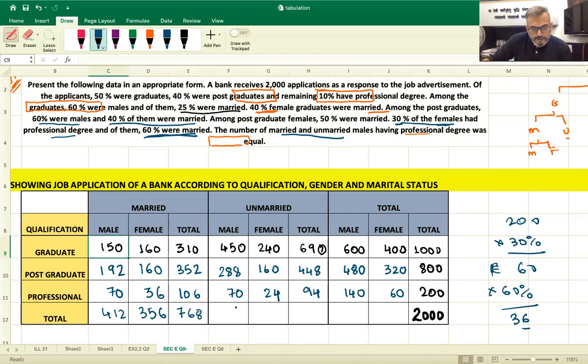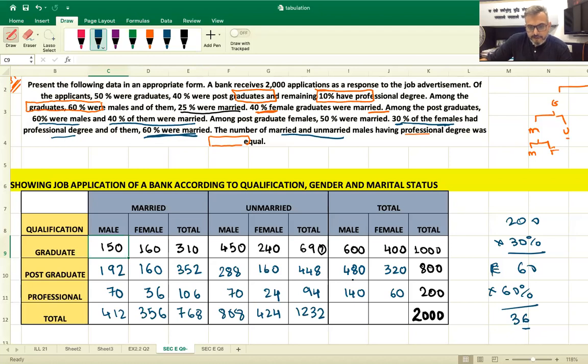Then over here 450 plus 288 plus 70, 808. Then 240, 160, 400, 424. 1232.